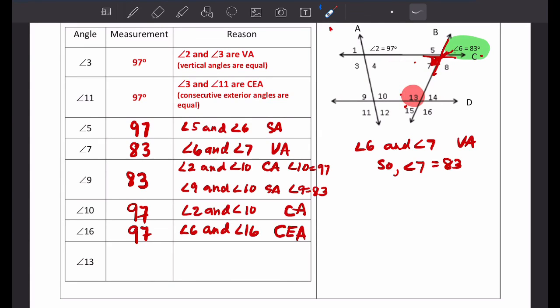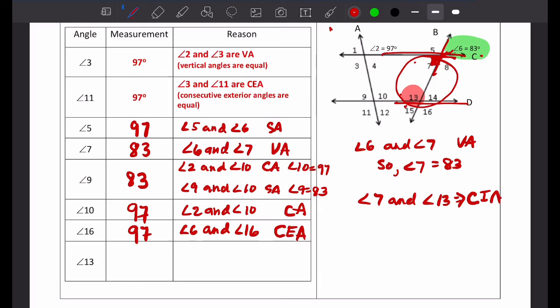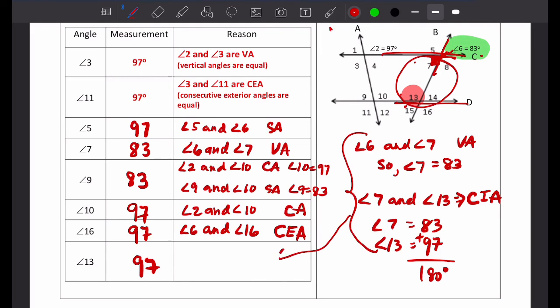Both are at the left. So, angle 7 and angle 13 are consecutive what? They're in between the parallel lines, internal angles, and we know that consecutive internal angles total 180. So if angle 7 is 83, that means angle 13 is 97 because 83 plus 97 is 180. Okay? So 97. And this is the reasoning.